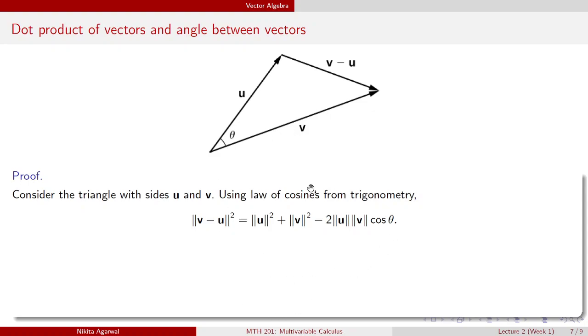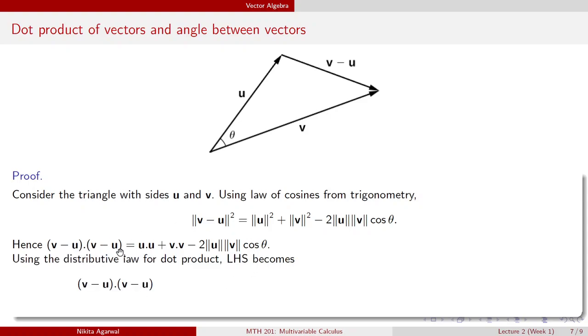So this is the law of cosines from trigonometry. Now I'm going to use the relationship between norm and dot product. So the left hand side becomes v minus u dot v minus u, and norm u squared becomes u dot u and norm v squared becomes v dot v. So this can be rewritten in terms of dot products.